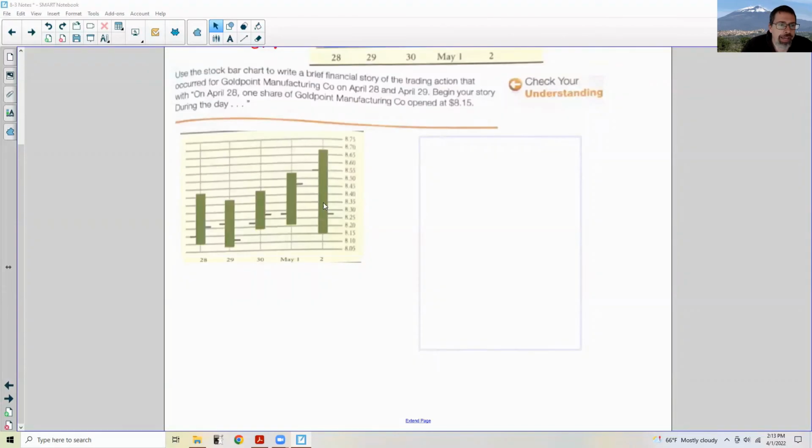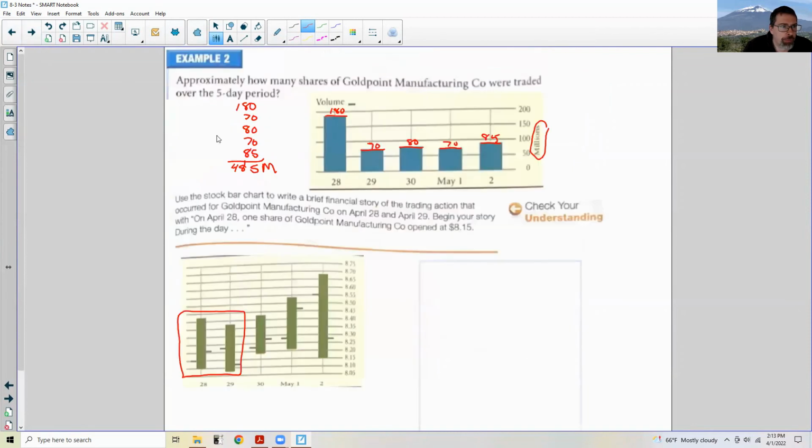Okay, so I brought in that graph. So April 28th to the 29th, we are talking about these first 2 days right here. All right. So we're going to start off by saying on April 28th, 1 share of Gold Point Manufacturing Company Corporation opened at $8.15.